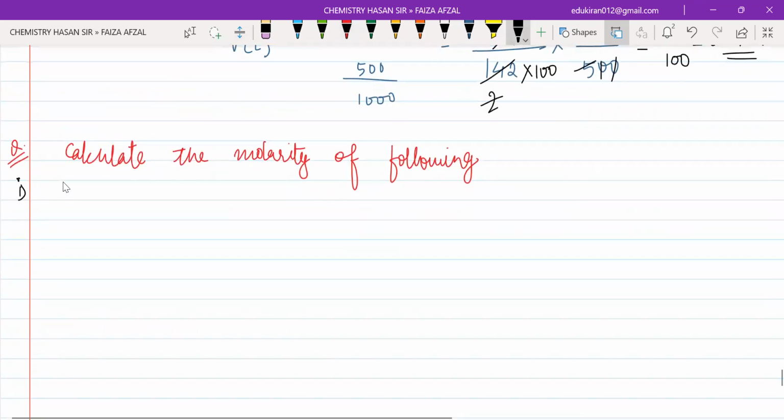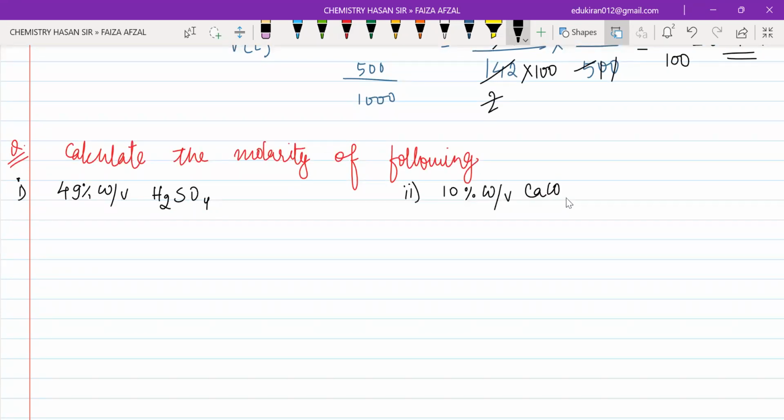The first one is 49% weight by volume H2SO4. The second one is 10% weight by volume calcium carbonate. Please calculate the molarity. Okay, sir.